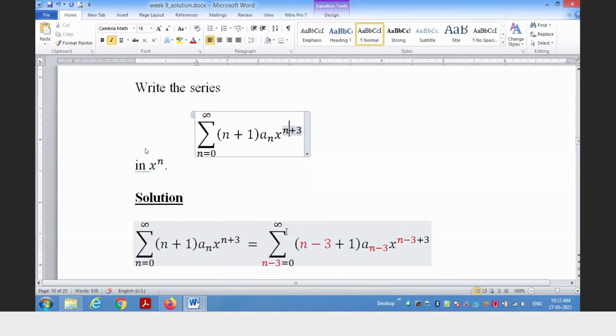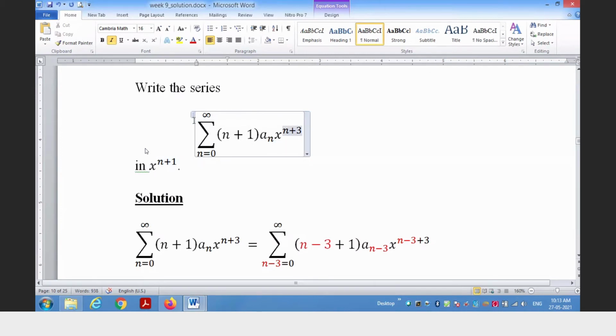Can. Okay, because now if this is, say, x power of n plus 1, that means if we want to change this from x power of n plus 3 to x power of n plus 1, so we need to replace this n with what? n plus 1.